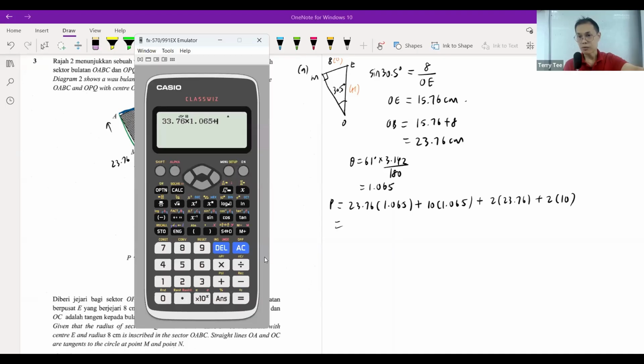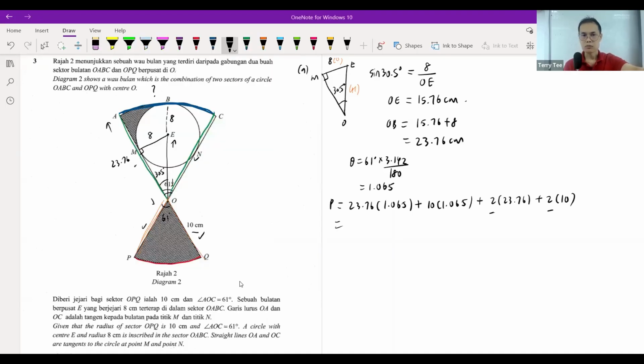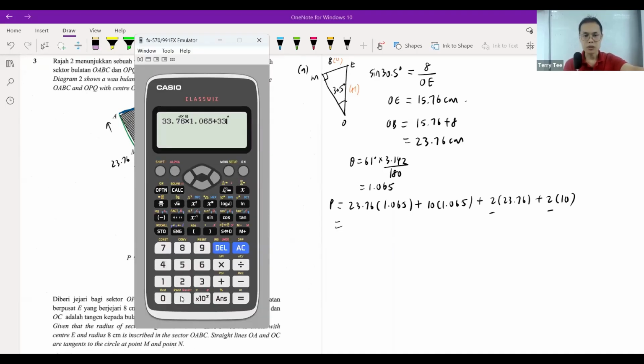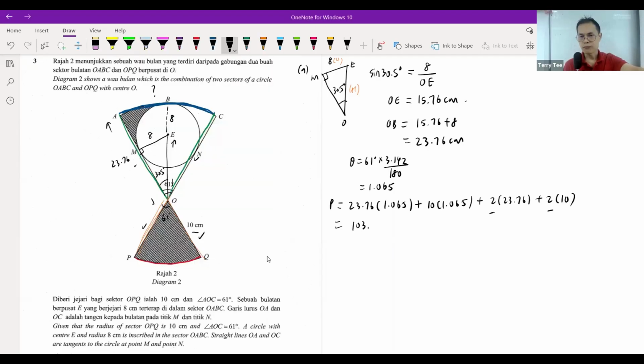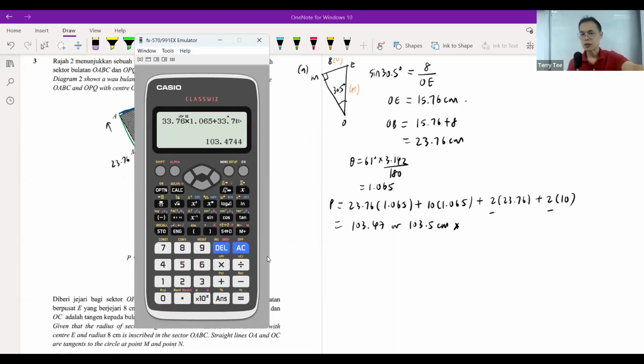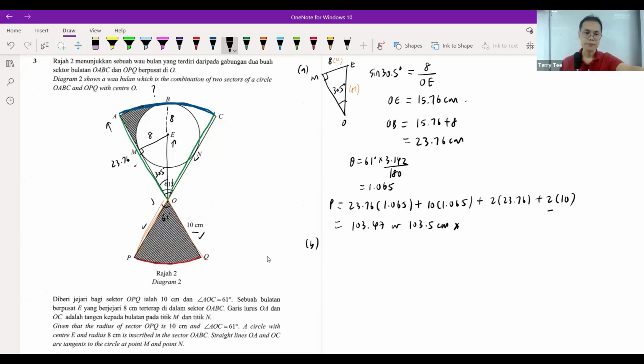You can take out the 2. You can type in your own other way. 33.76 times 2. You will get 103.47. If you know the marking scheme gives this answer, but actually generally we say 4 significant figure would do. So 103.5. But if you use more, it's not a problem. You want to write more decimal point, is okay. All right, that is part A.